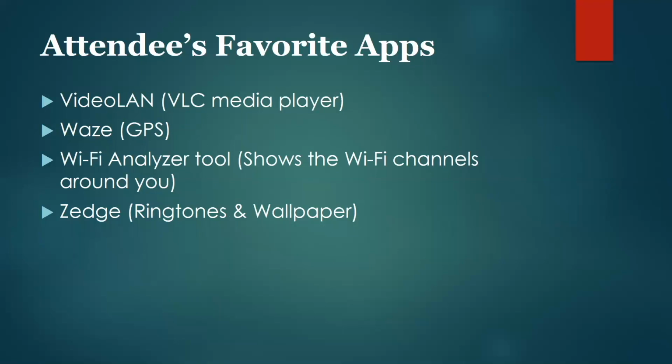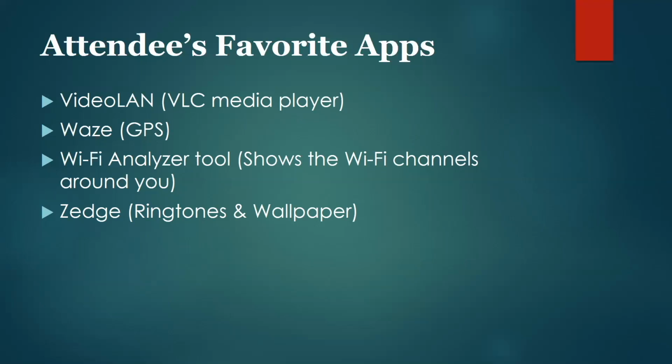There's Waze, which is a GPS application. There's the Wi-Fi Analyzer tool, which will show you the Wi-Fi channels that are in your vicinity. And then if you really want to add a lot of fun things to your phone, such as ringtones and wallpaper, then there's Zedge.